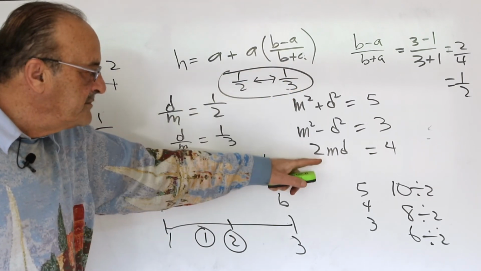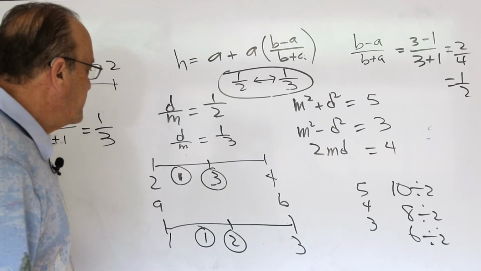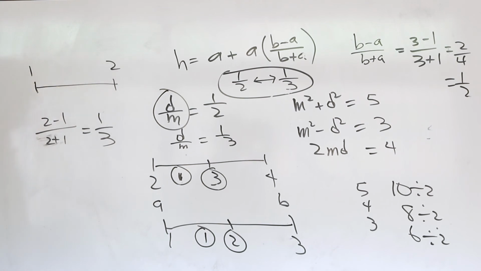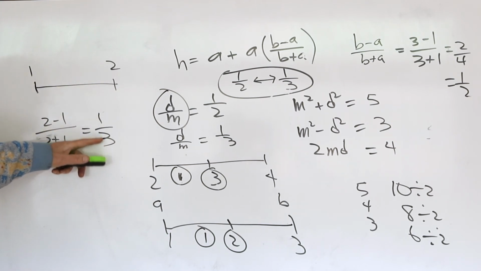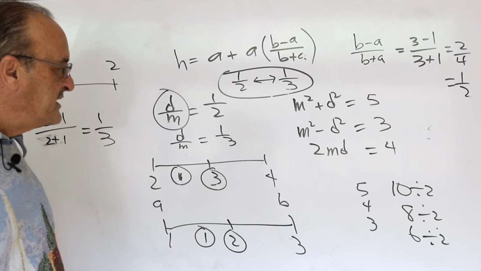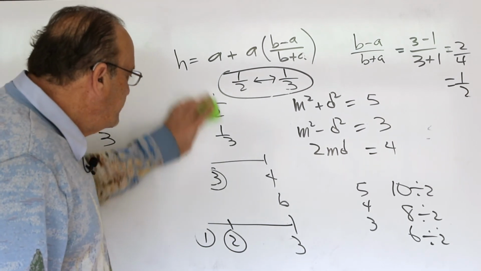Again, in this formula, we're working with the fraction d over m. So when you get a fraction, you call the top d and the bottom m. And then you use these formulas to give you the 3 sides of your right triangle. So let's look at a few examples just to make it clear.